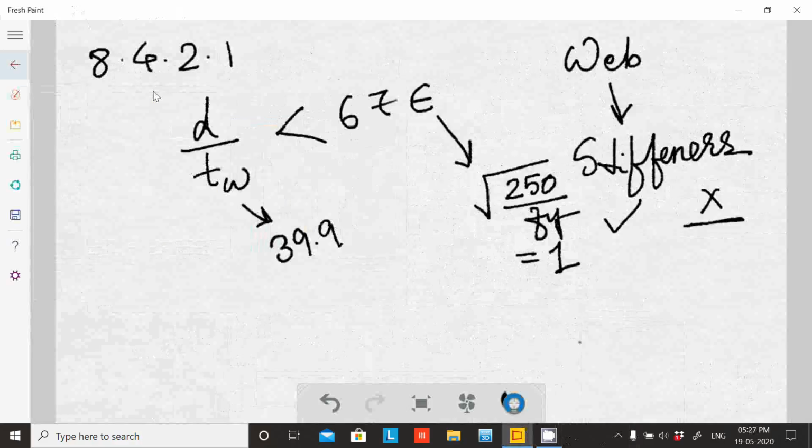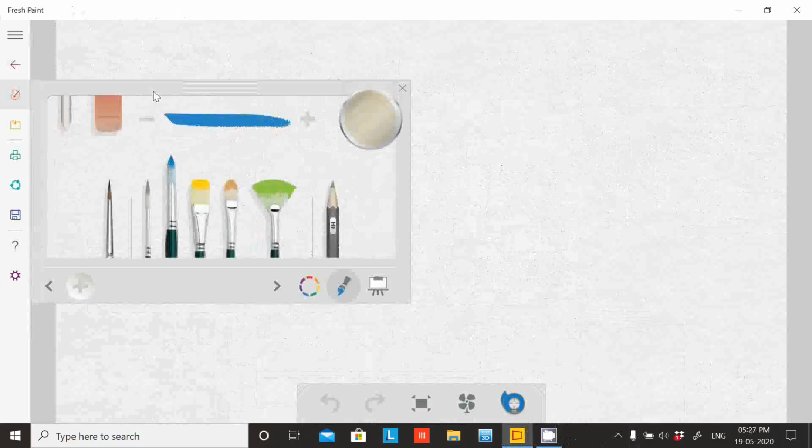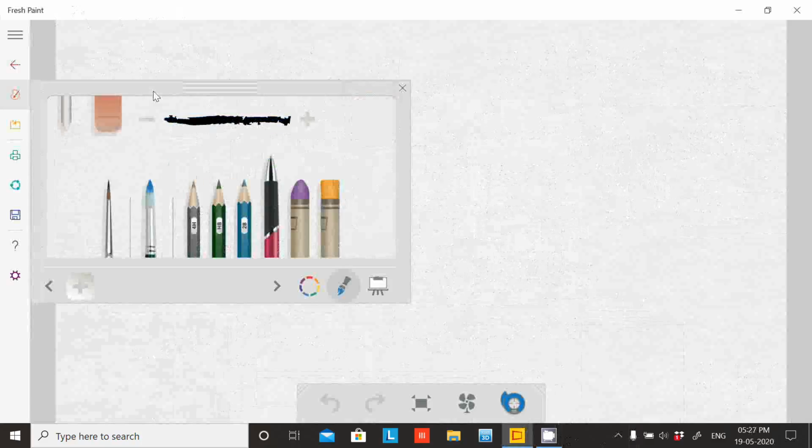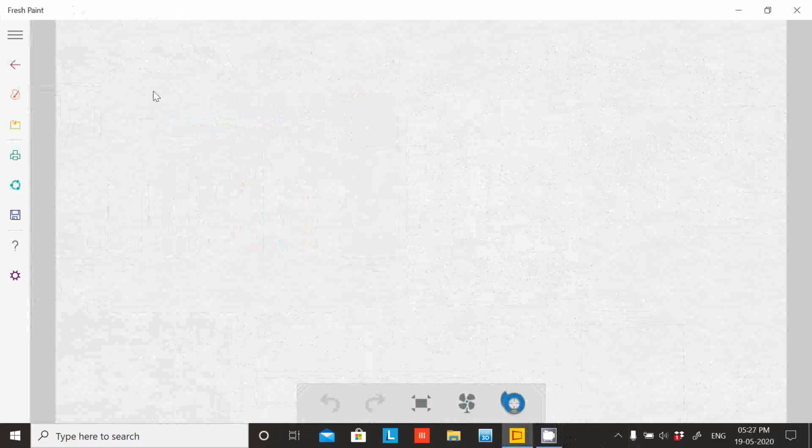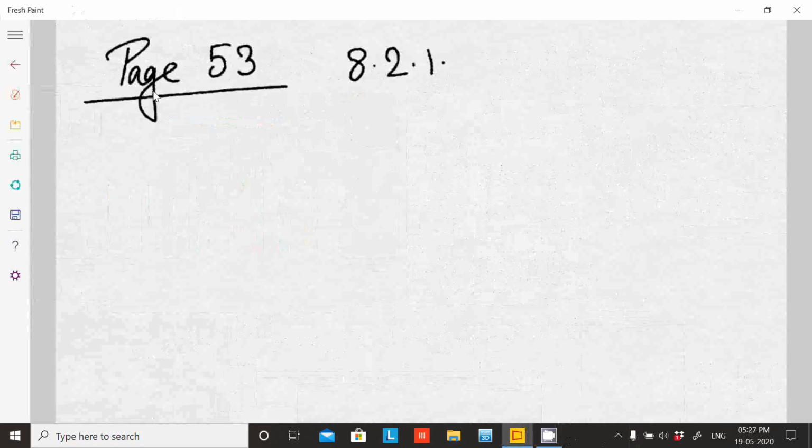Now let us go to page number 53 of the IS code. When you go to page number 53, you will see clause 8.2.1.2, which you will be using for the check for moment.